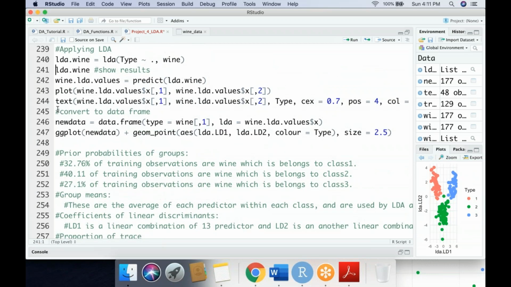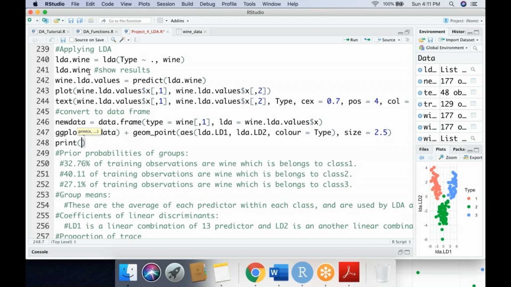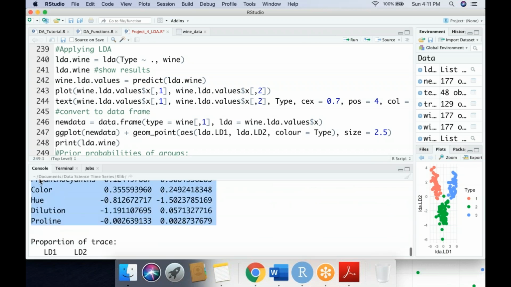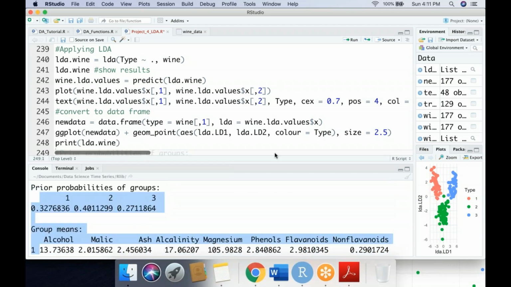Print the model. Have you printed the model?